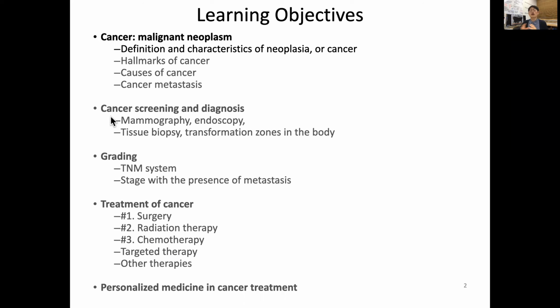We will discuss cancer screening, diagnosis, and grading, and later the treatment of cancer. And for the more modern world, we will discuss personalized medicine in cancer treatment.